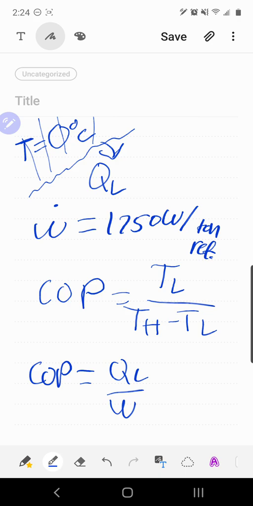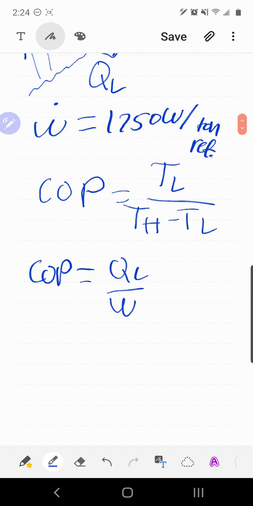So what we can do with this is find our coefficient of performance using our power input, W. We have units of Celsius as temperature and watts per ton of refrigerant, so we're gonna have to do some conversions here really quick.